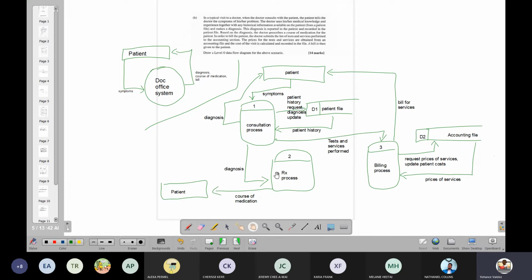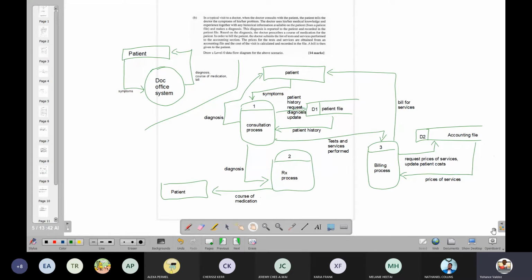Once the diagnosis is made, we have the prescription process, and the prescription process, of course, takes in the diagnosis and puts out the course of medication that the patient should take, right? That's coming out of here, course of medication. We have the consultation process, feeding in the tests and services performed with the billing process, right? With the billing process, and you have, of course, the bill for services, which is the bill coming out of here.